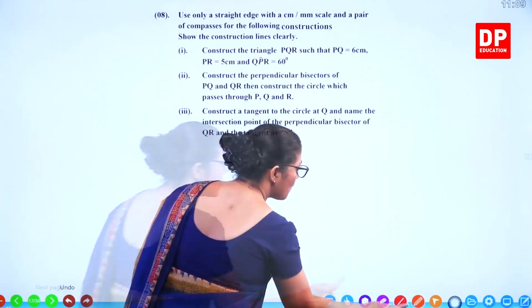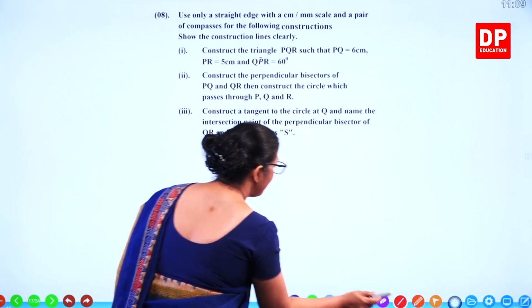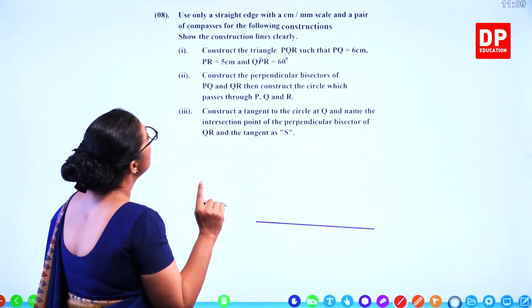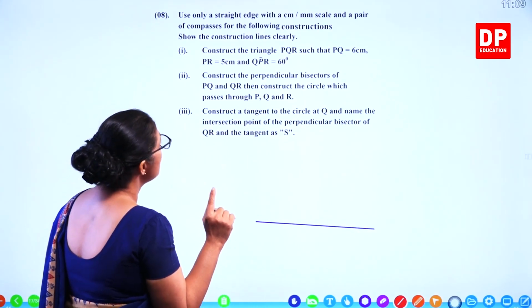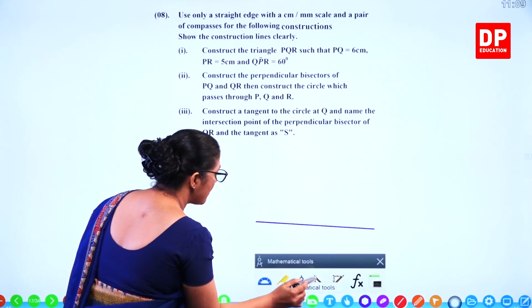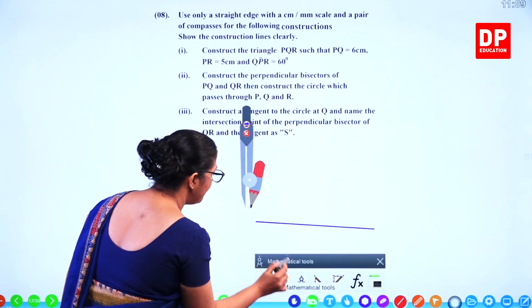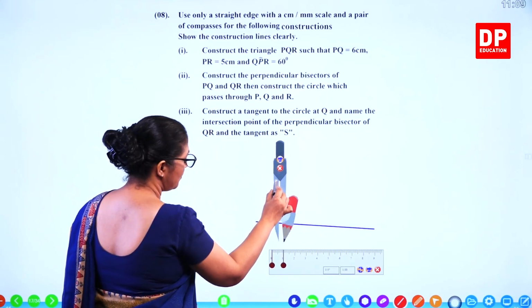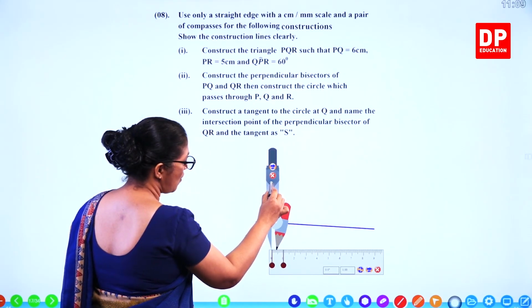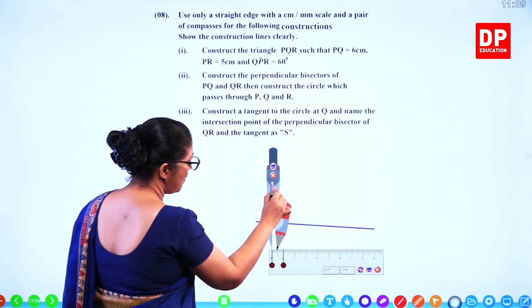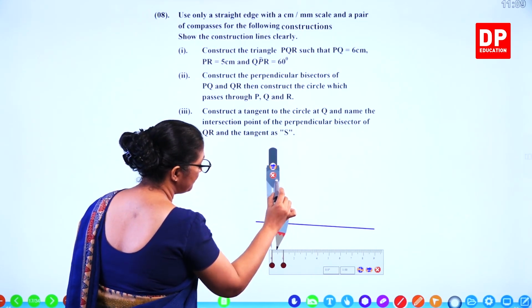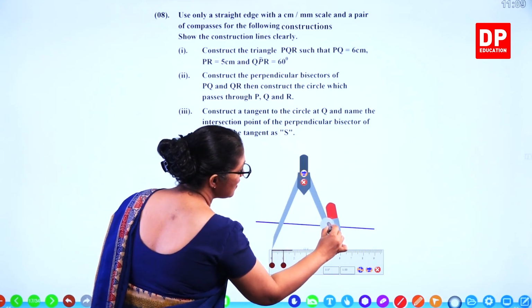First take the ruler and draw a line, and then we have to take a 6 centimeter length. So take the compass and the ruler. We need to measure 6 centimeters. Keep the compass on top of the ruler and measure the length, 6 centimeters.